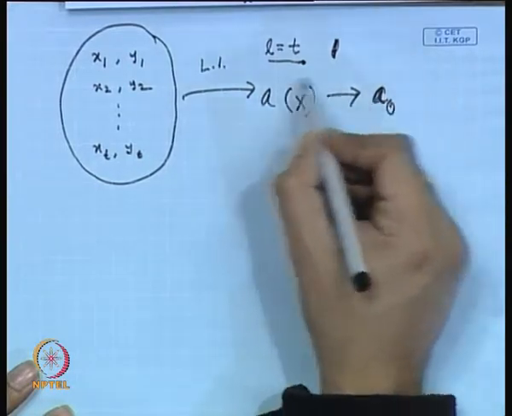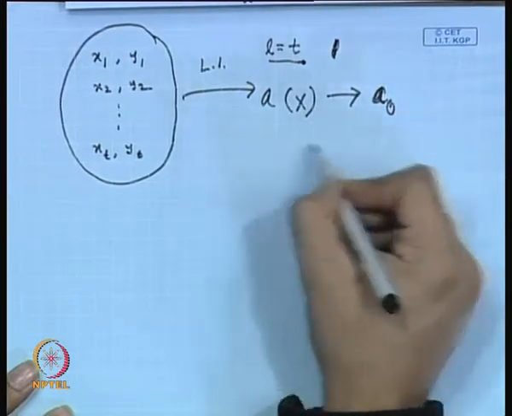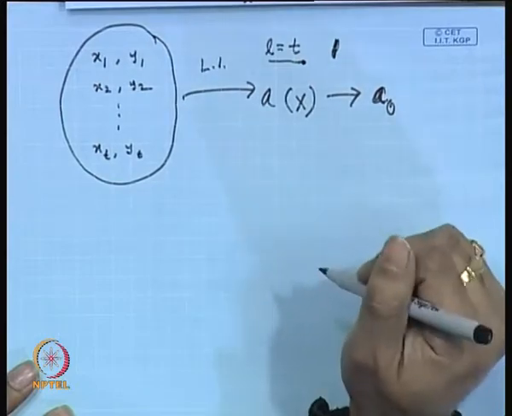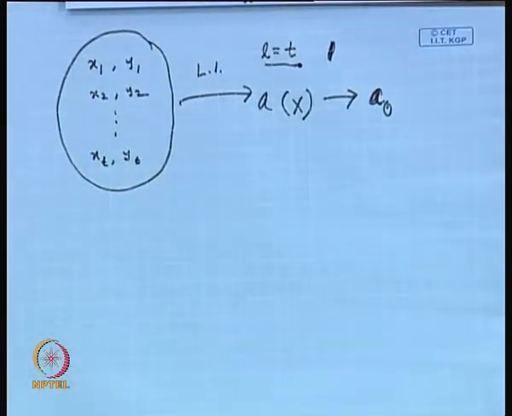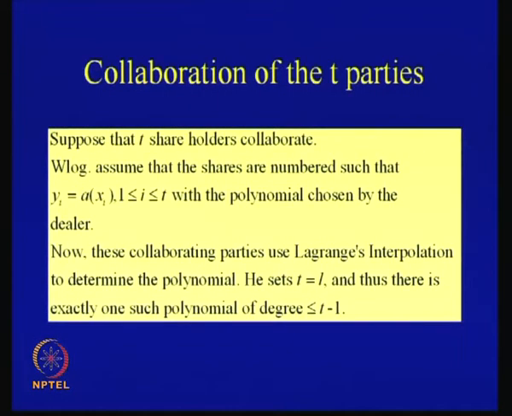Therefore, Lagrange's interpolation should be an efficient way to compute back the polynomial and hence the secret. That is the basic principle of the secret sharing scheme.